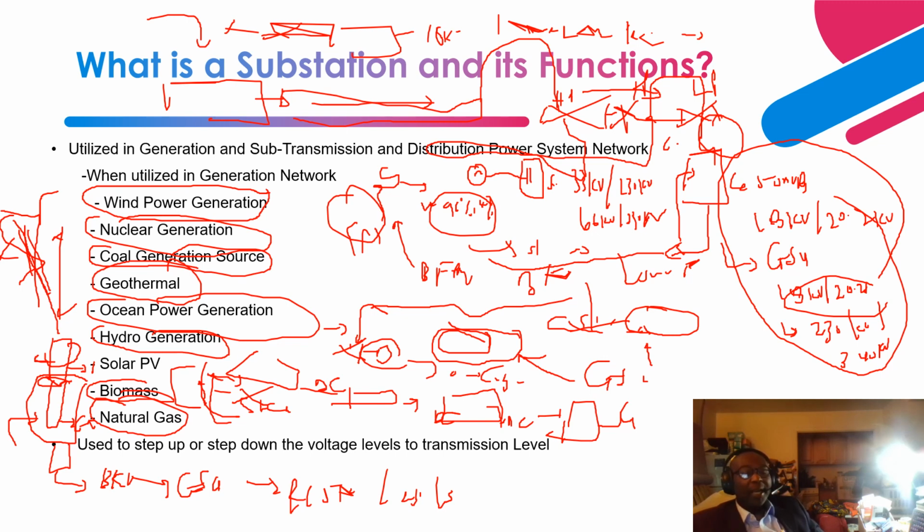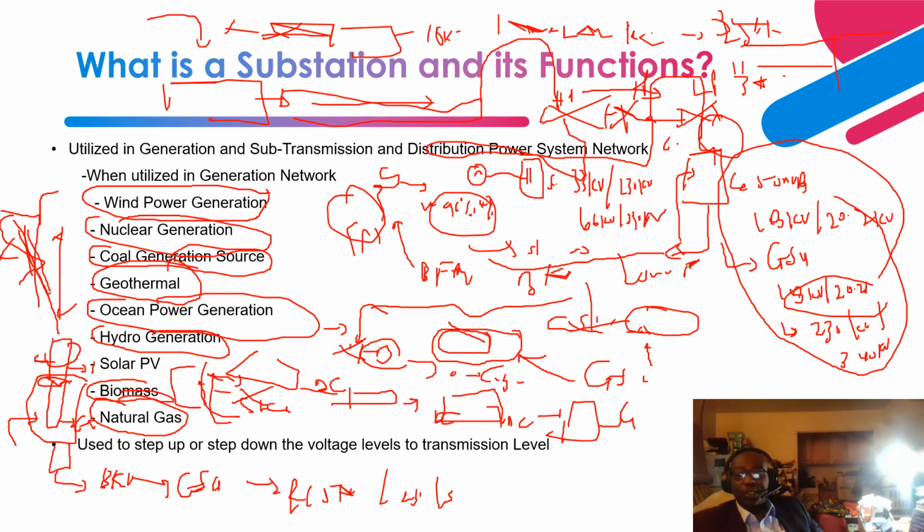On the other hand, it can also step down, right? Let's say you have a transmission level voltage of 230 kV, 115 kV, or 345 kV, and it gets transmitted for, let's say, 100 kilometers.